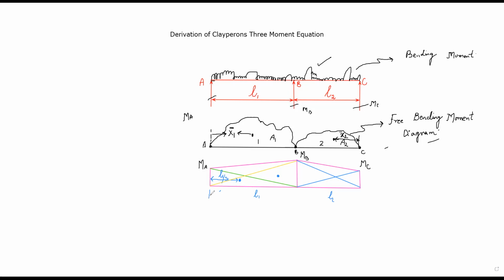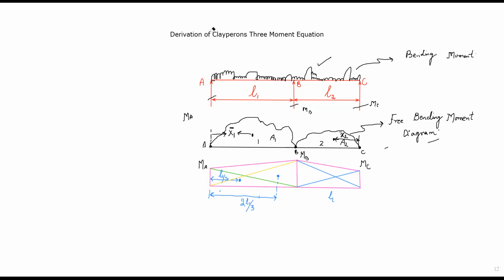From here to that centroid, the distance will be L1 by 3. Therefore, this distance will be 2 times L1 by 3. This will be the centroid of the second right angle triangle.